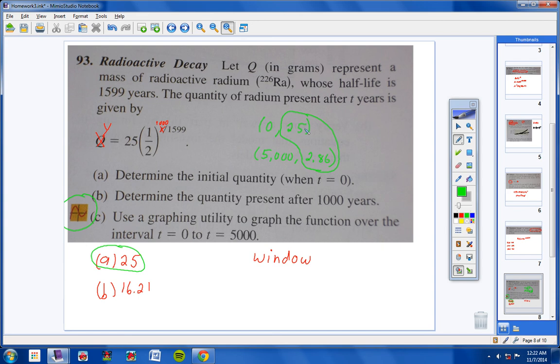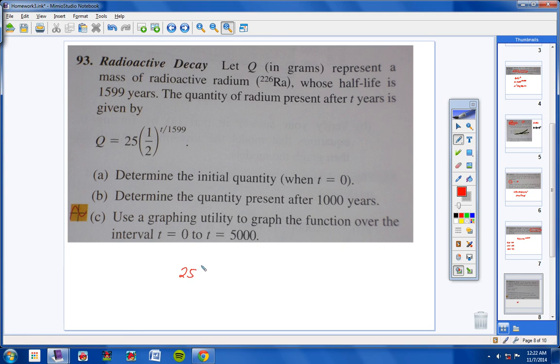Okay, now we have to enter the equation. So go to y equals, right here, where you type your equations into your grapher to graph them. Okay, and I would type in your grapher 25, then a parentheses, then hit 0.5, then close your parentheses, then your arrow button, and then parentheses, and then x, because we really can't use a t, so x divided by 1599.